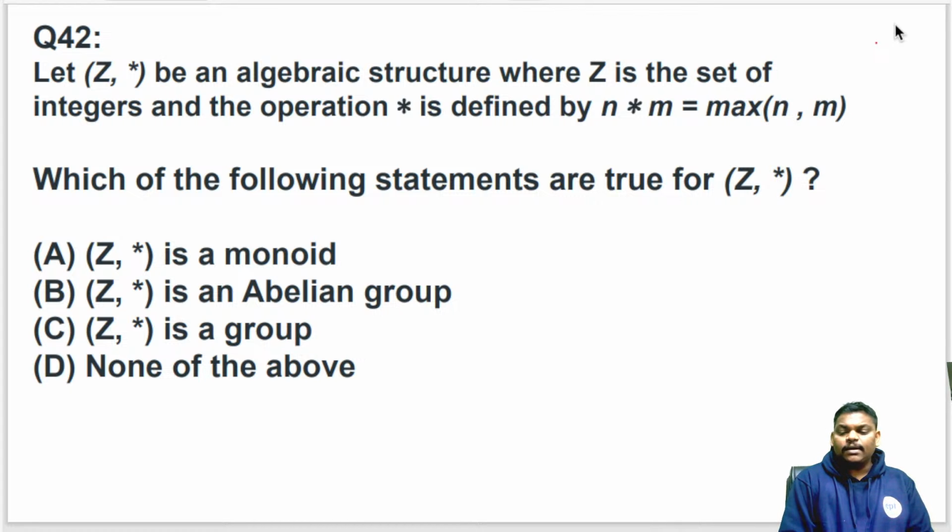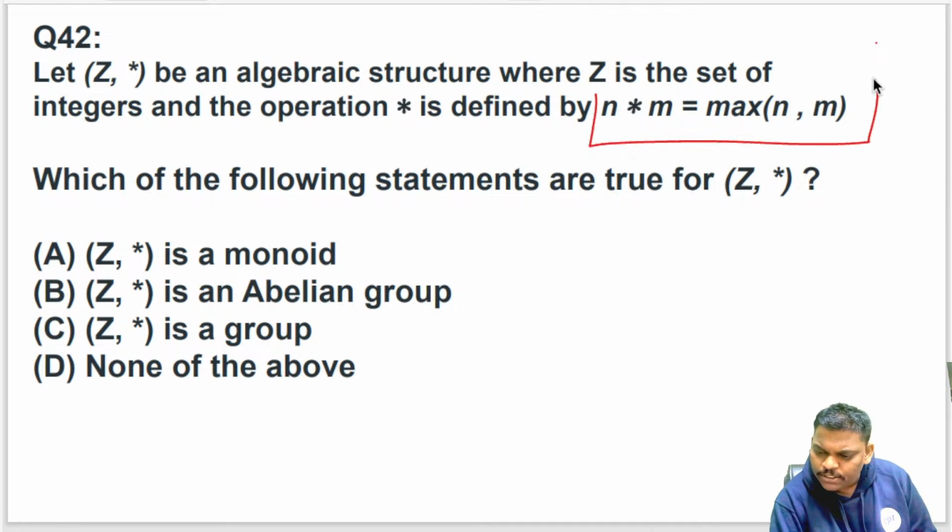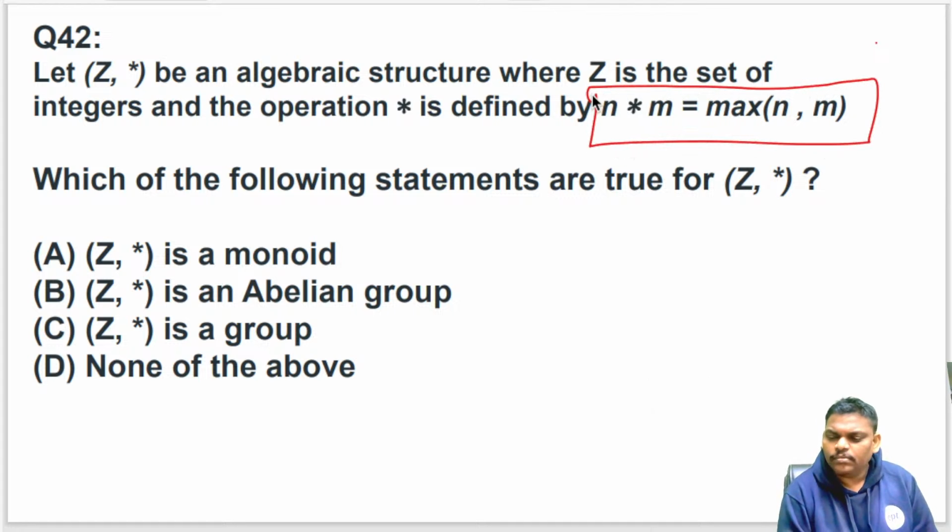Remember, this is the operation: n star m is equal to max of n comma m.